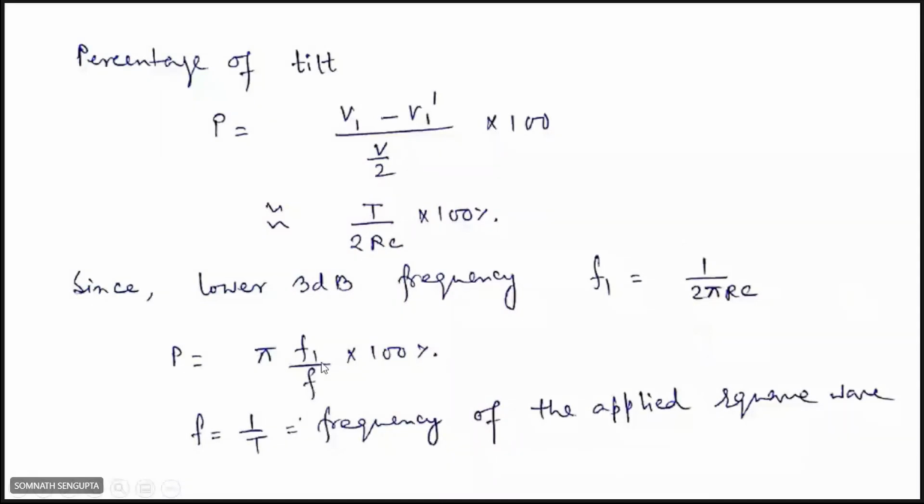So if you know the input frequency F and the time constant RC, or probably the cutoff frequency F1, then you can find the percentage of tilt in the square wave. This is what I wanted to explain.